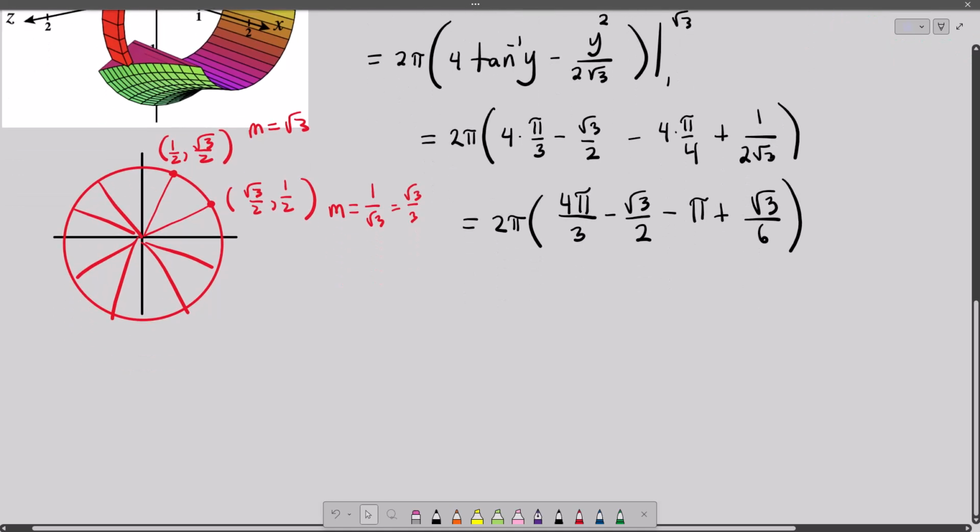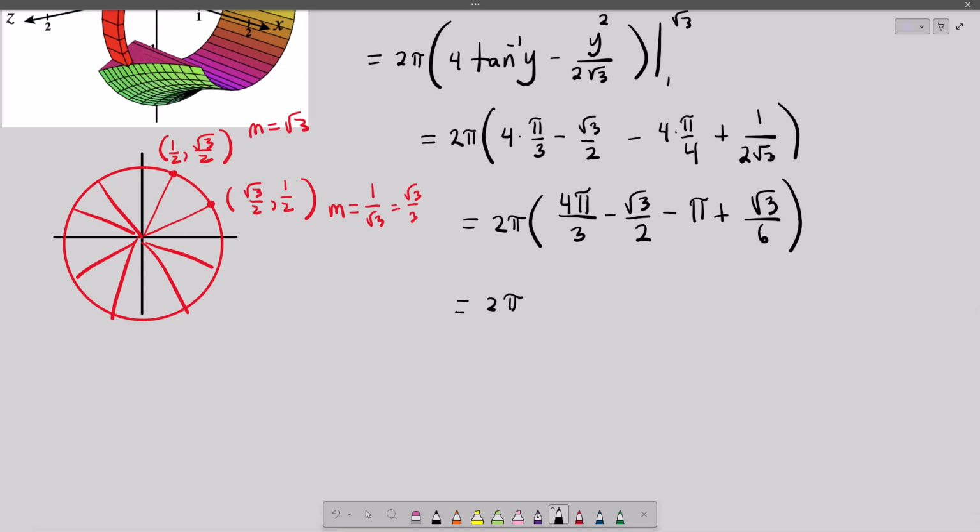What's our common denominator going to be? 6. So we're going to have 2 pi. We're going to have a big fraction with a 6 in the bottom. To make that a 6, we have to double top and bottom, so that's going to be 8 pi. To make that a 6, we have to multiply top and bottom by 3. To make that a 6, we multiply the top and bottom by 6. That already has a 6. So that's what we have.